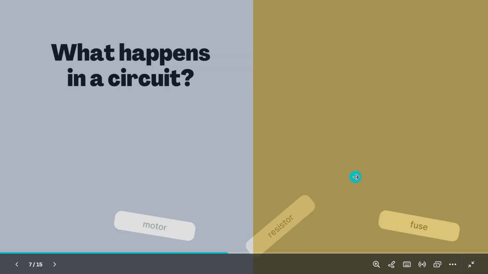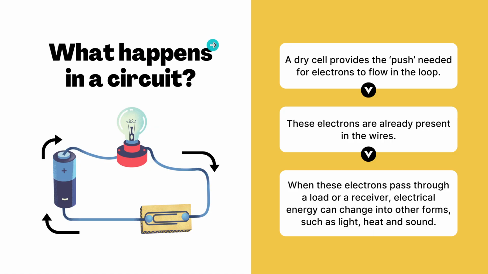So now let's go on to another topic. What happens in a circuit? Dry cells provide the push needed for electrons to flow in the loop. I told you that two cells make one battery, and a single cell is also there. The cell is needed to push the electrons in the loop.